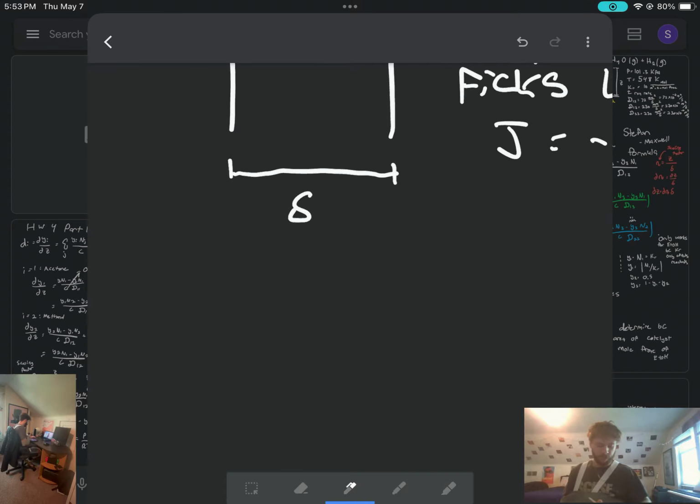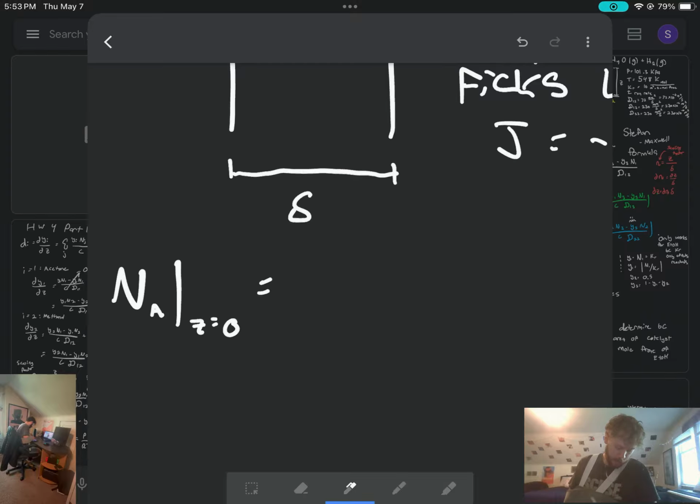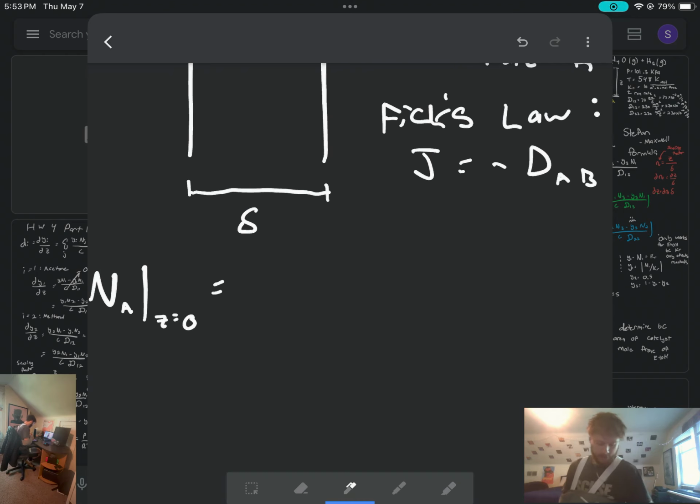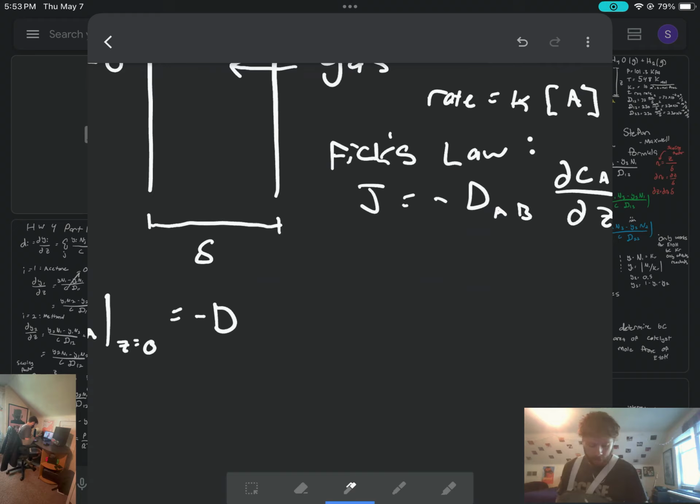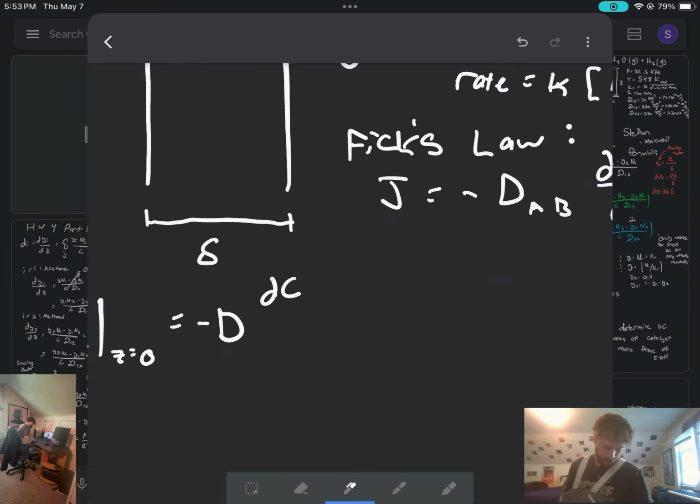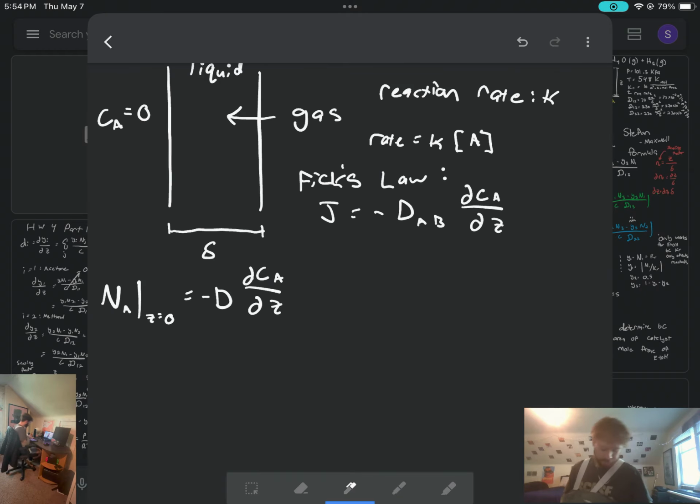So looking at the molar flux of our gas at the interface where z equals 0, we could say that is equal to the negative diffusion coefficient D times our concentration flux, the changing concentration with respect to position.